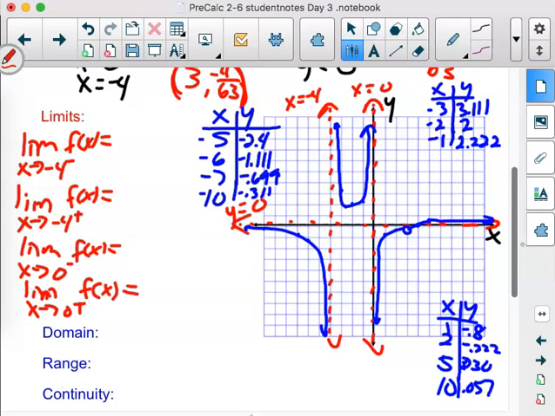So as we approach -4 from the left, as we approach -4 from the right, as we approach 0 from the left, as we approach 0 from the right.